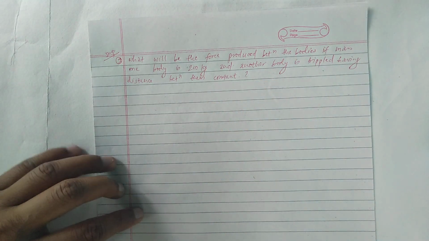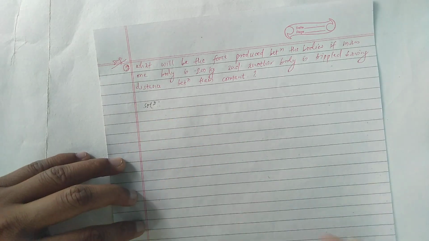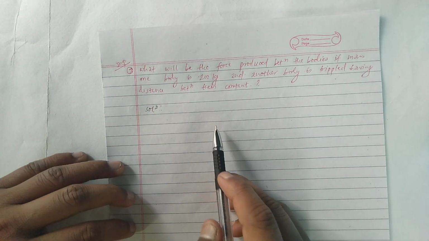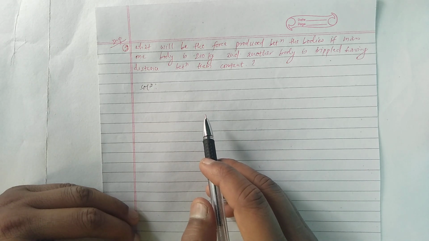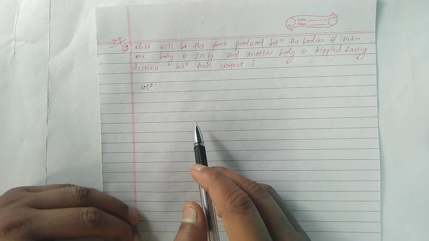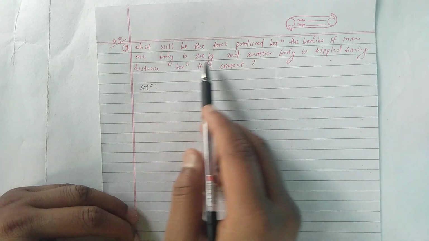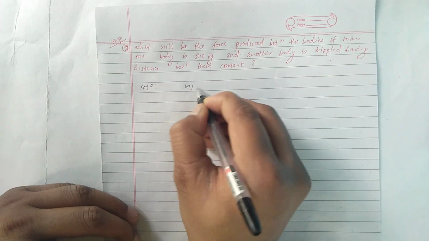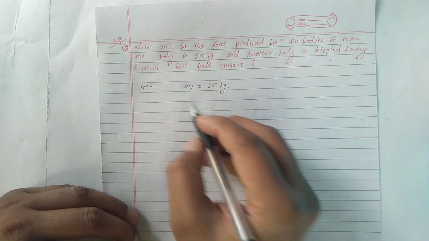Okay, so now the solution. From any given question we first have to write the values of m1, m2 and d. If the mass of one body is 200, then m1 is given here as 200 kg and the other body is triple.